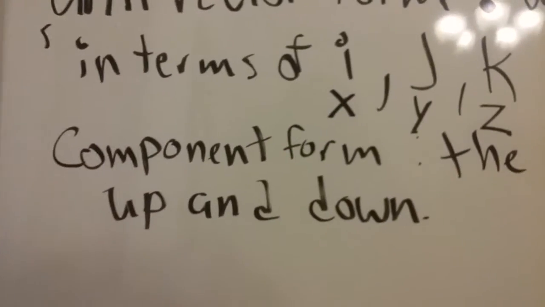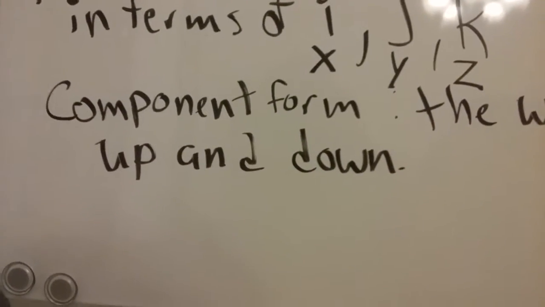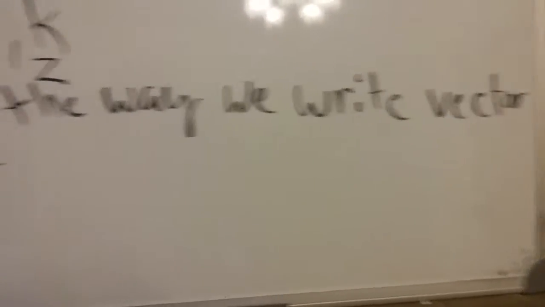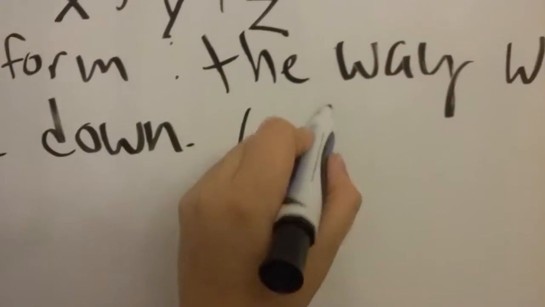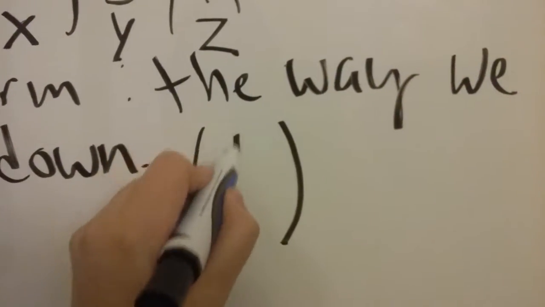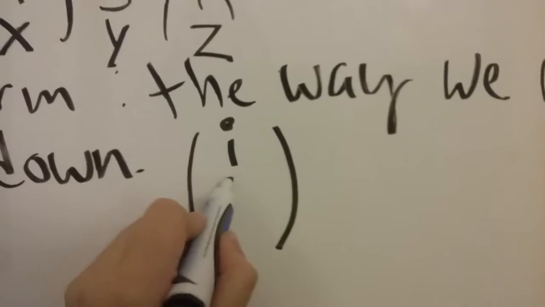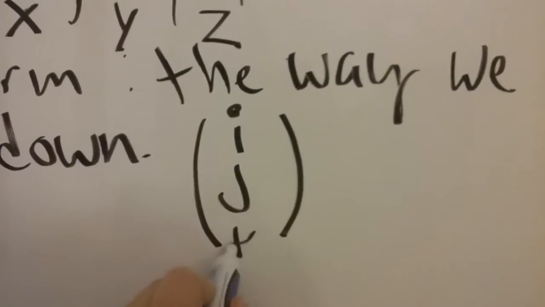And component form, which is the way that you're most commonly going to see vectors. It is a way of writing it vertically, with i on top, j in the middle, and k at the bottom.